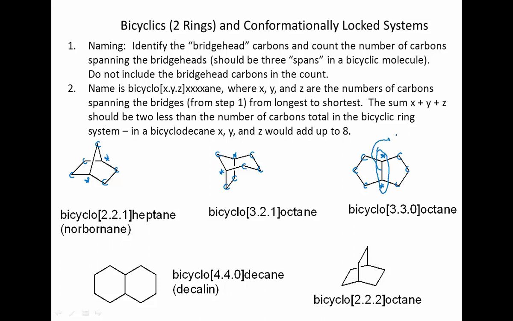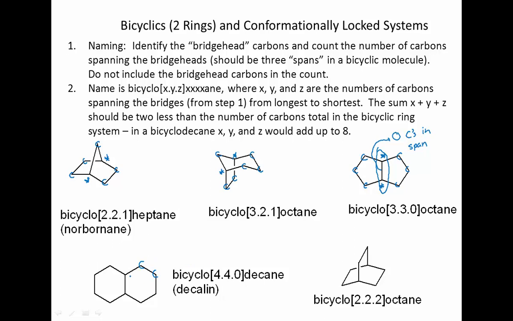This means that there's 0 carbons in the span here. Okay, so this is a bicyclo 3,3,0 octane. This next one we're going to come back to in the next slide because this is an important molecule. This is bicyclo 4,4,0 decane.